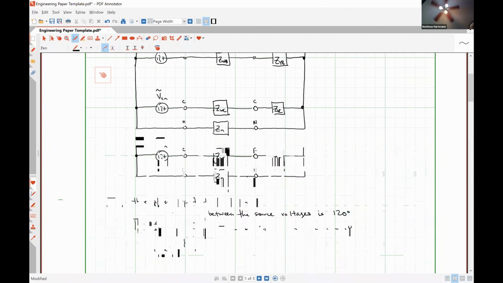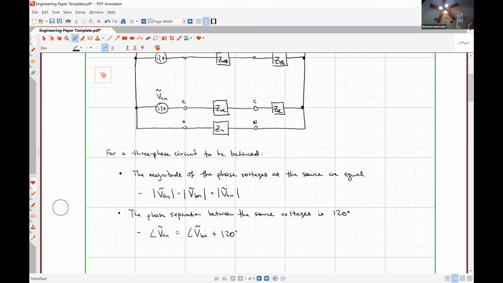So we would see that the angle of VAN is equal to the angle of VBN plus 120 degrees, is equal to the angle of VCN plus 240 degrees, so that all three are separated by 120 degrees, and this is for a positive phase sequence.